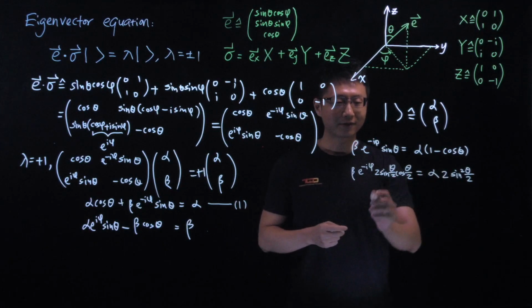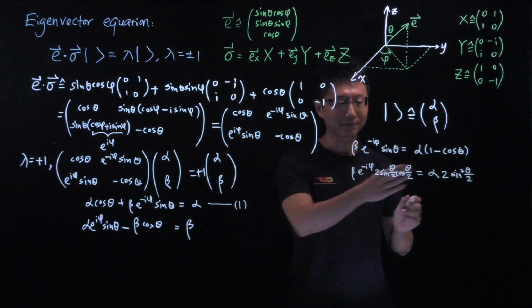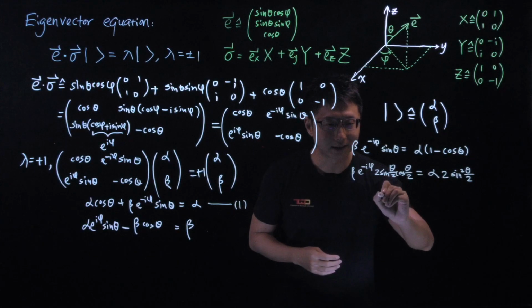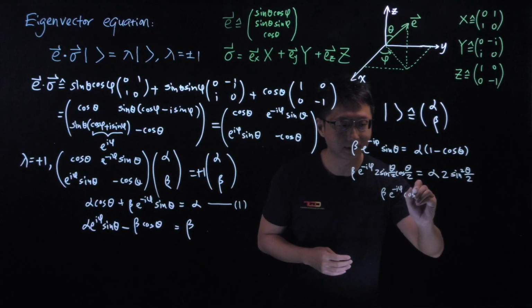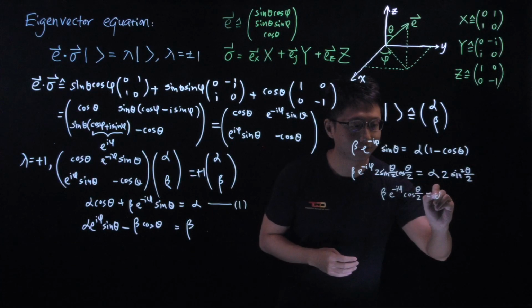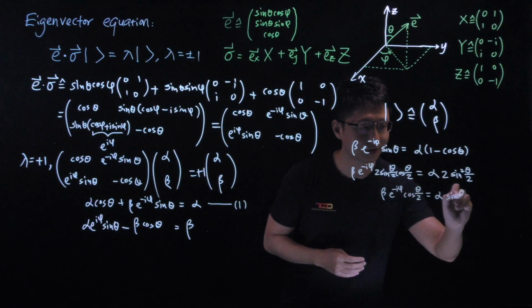Cancelling the common factor of 2 and sine of theta over 2 on both sides, we are left with beta e to the power of minus I phi cosine theta over 2 equals alpha sine theta over 2.